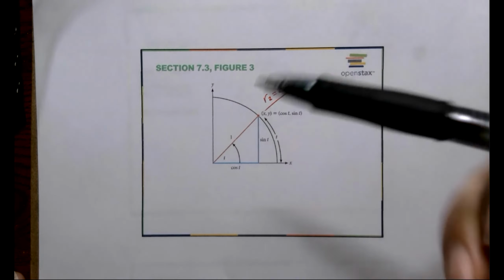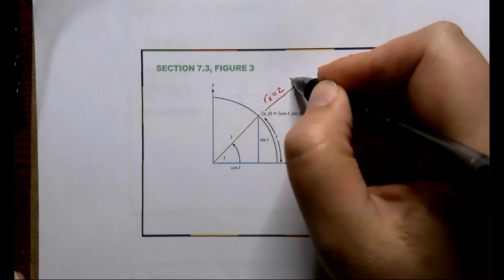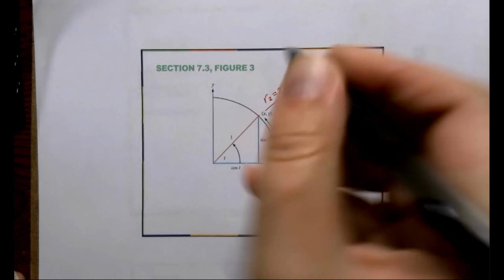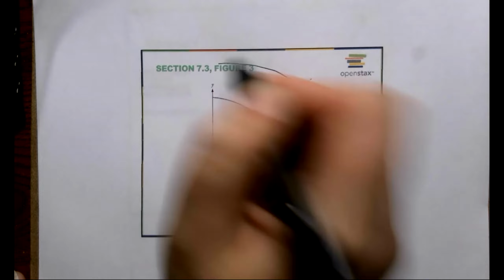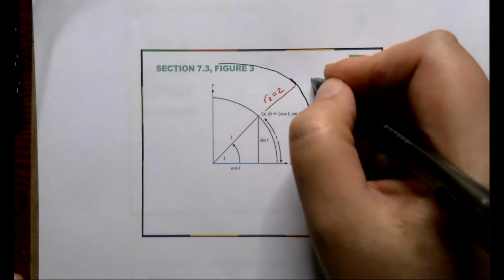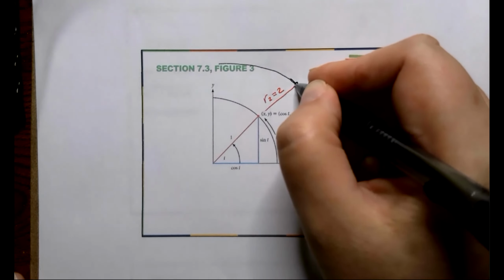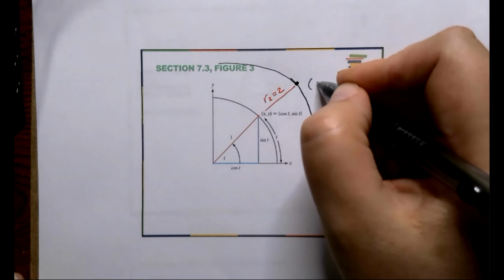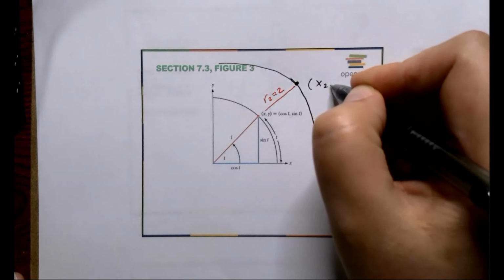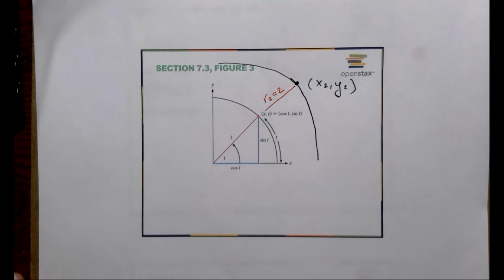Then we have the circumference here of that circle. We're only drawing the first quadrant of it. Okay, and we have this point here that intersects our circumference with coordinates x2, y2.